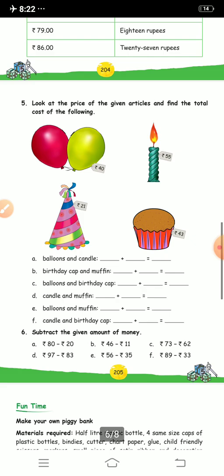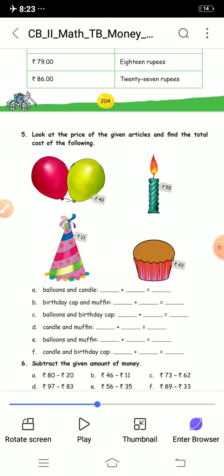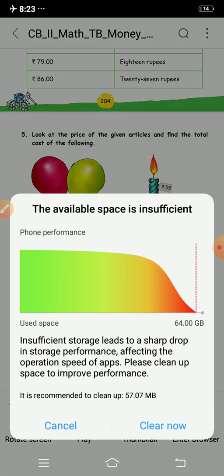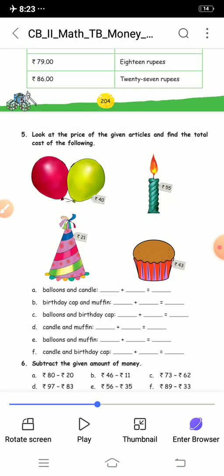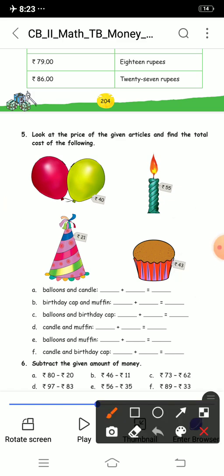So the first one is balloons and candle. So first we will see the price of balloon. That is rupees 40. Okay. So you will write here 40 plus the price of candle, that is 55.